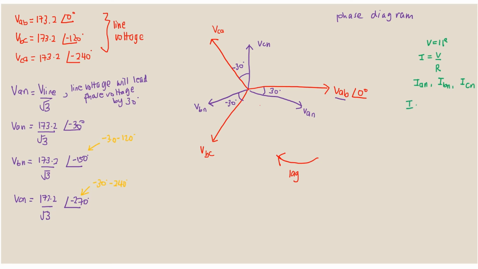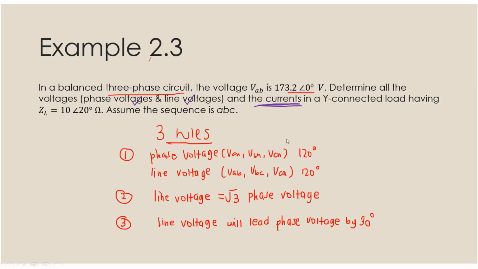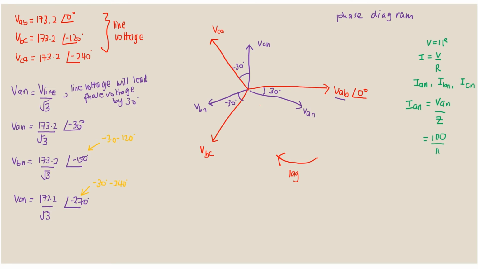So let's calculate IAN first. Because this is a phase current, it is VAN divided by Z. We know VAN is 100 at negative 30, divided by the given ZL, which is 10 at 20 degrees.